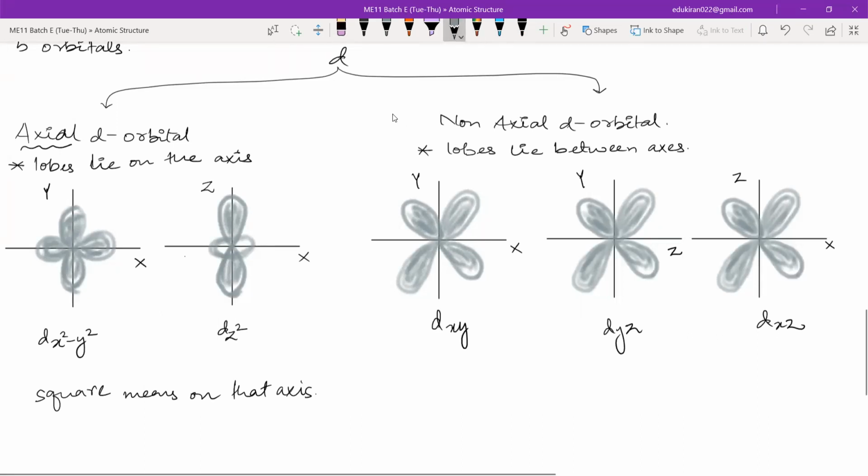Now, what is this thing here? This thing is a circular ring type of electron density. That electron density is present in the x and y plane.